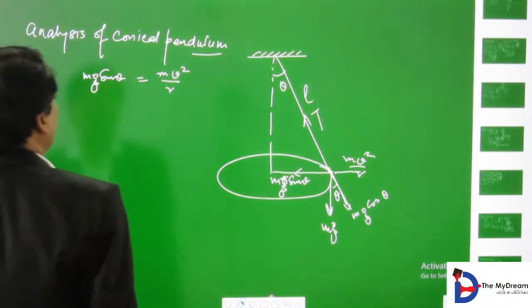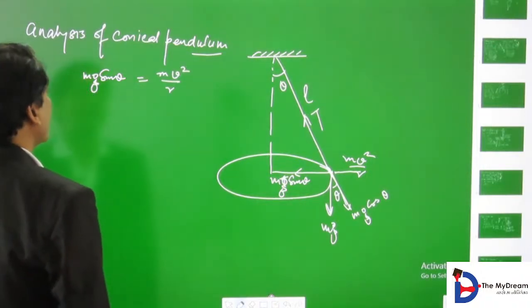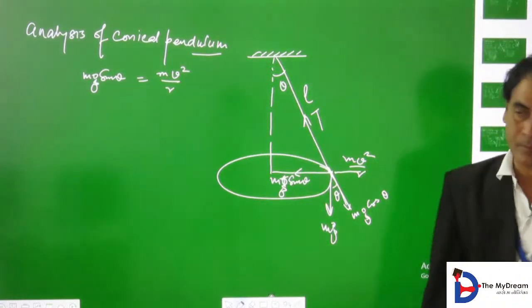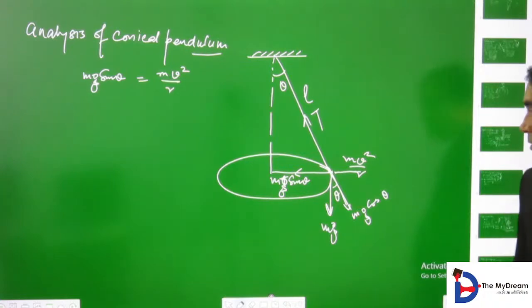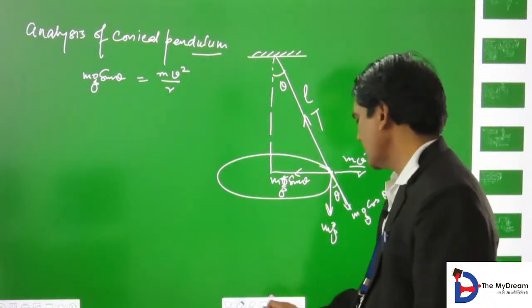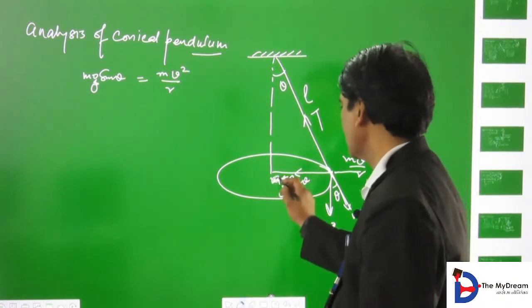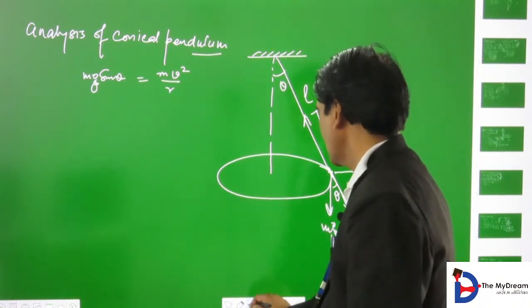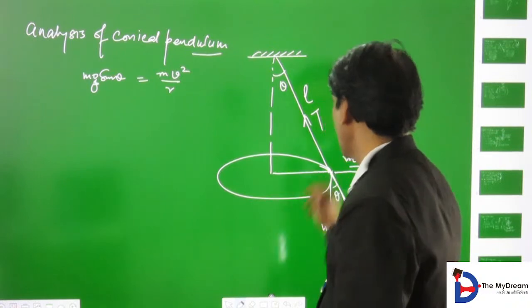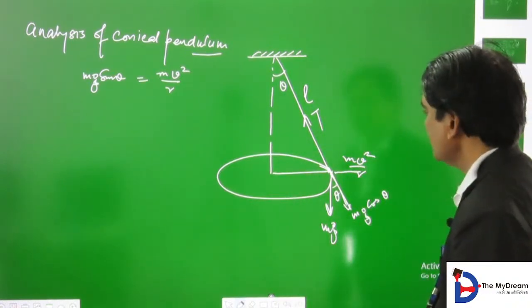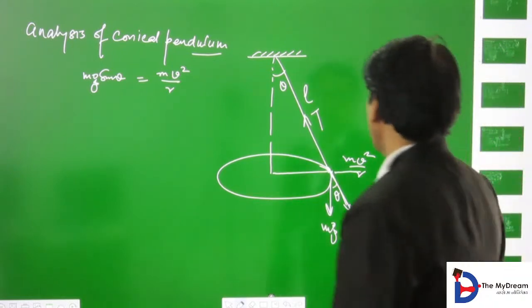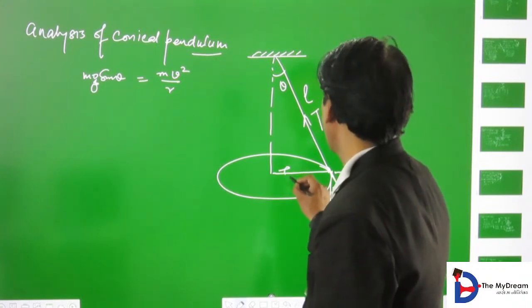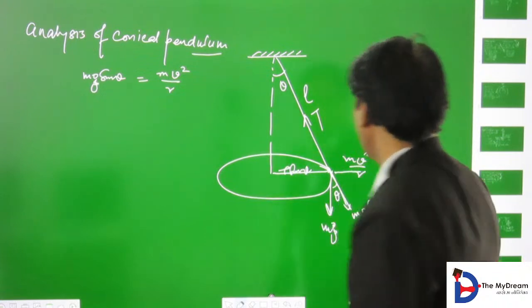And mg cos theta is equal to T. ये आप लिख सकते हो, जैसे T से T sin theta. T cos theta, T sin theta. नोट कर लो.